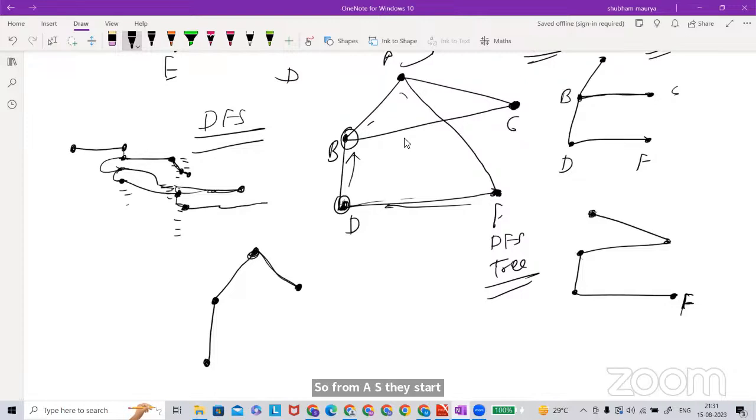Sir, if you backtrack from that point and go to another branch, and backtrack from that point and go to the other point, that point and the other point may or may not be connected by an edge. Are you getting my point?